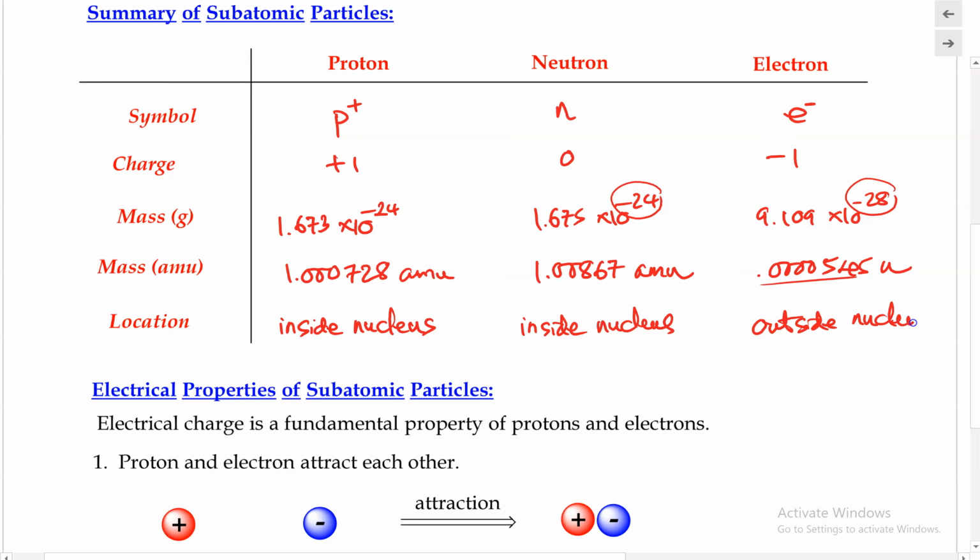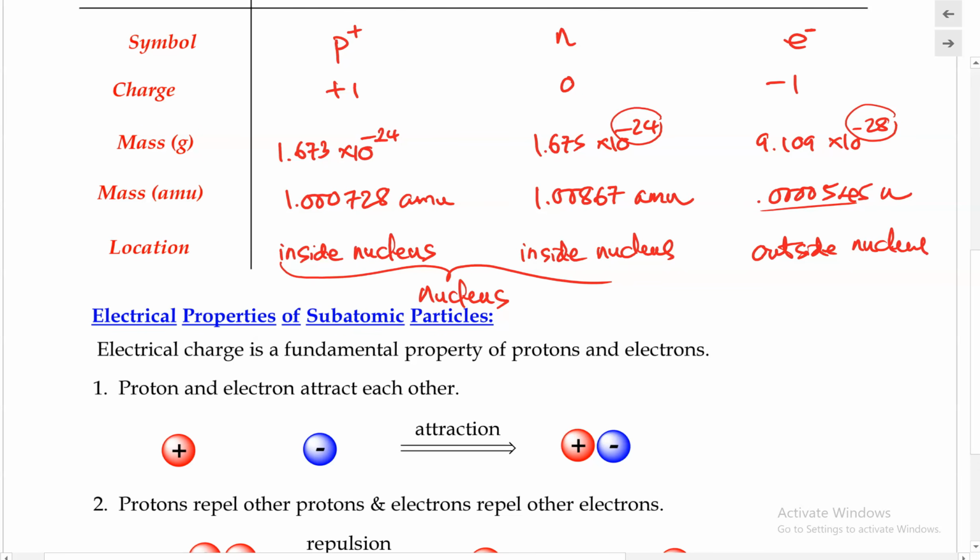So the proton and the neutron basically make up the nucleus of the atom. Thus, we can see that the mass of the atom is actually concentrated inside the nucleus, because this is where we will find the bigger and heavier subatomic particles.